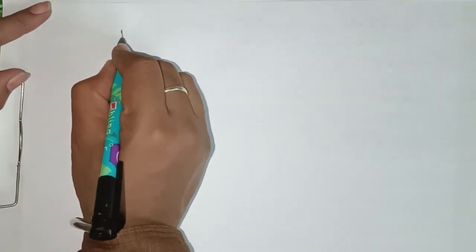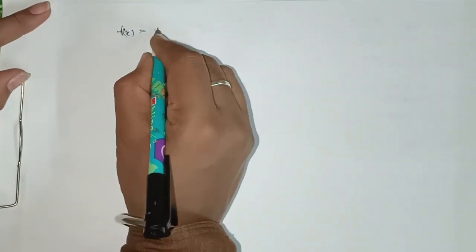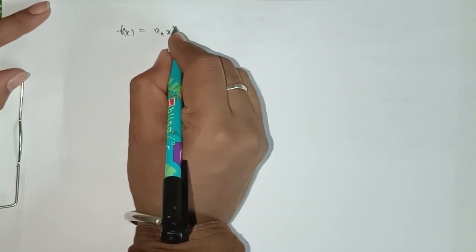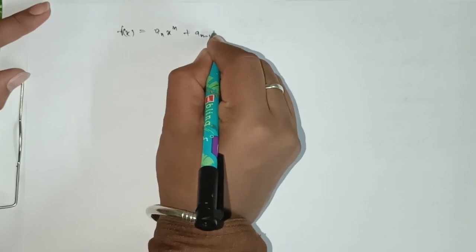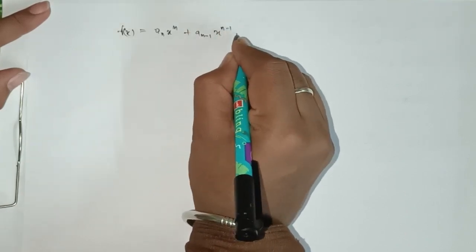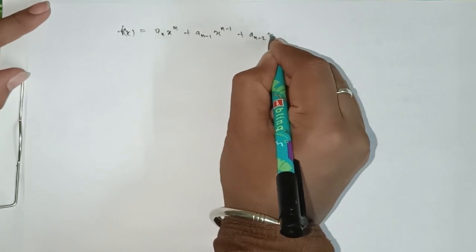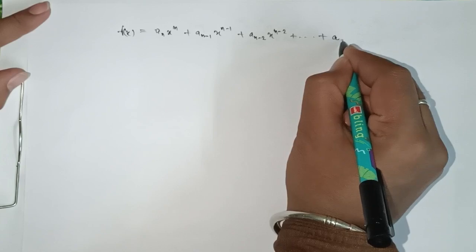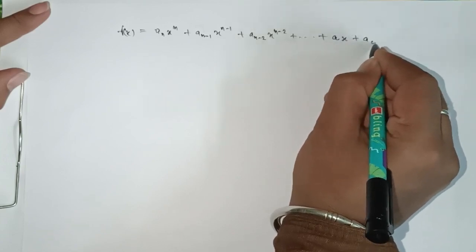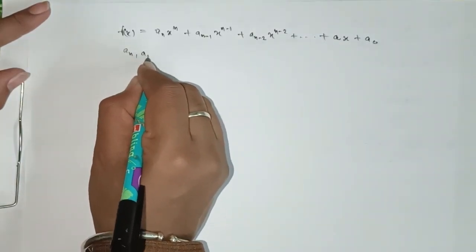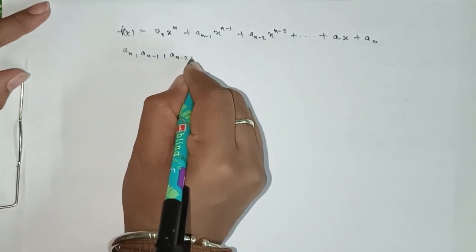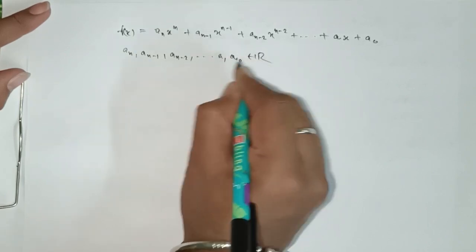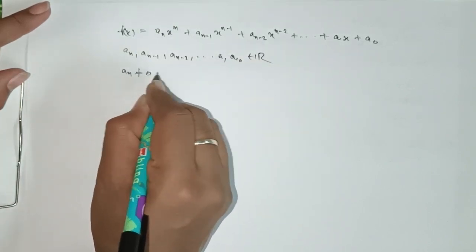The polynomial function looks like this: f of x equals a n x to the power n plus a n minus 1 x to the power n minus 1 plus a n minus 2 x to the power n minus 2, and so on, plus a1 x plus a naught. These coefficients a n minus 1, a n minus 2, up to a naught all belong to real numbers, and remember a n should not be 0.